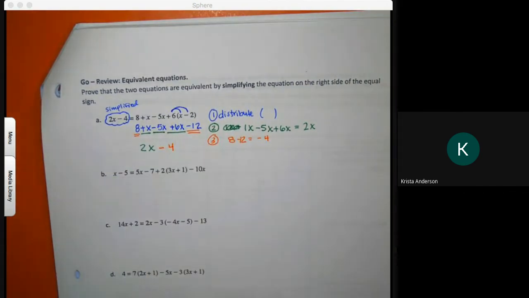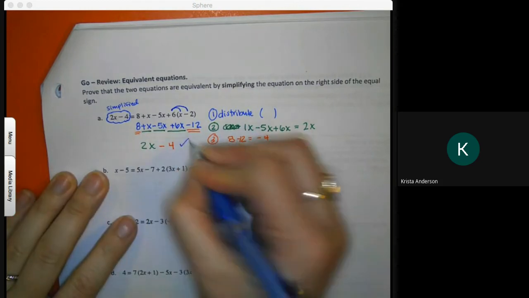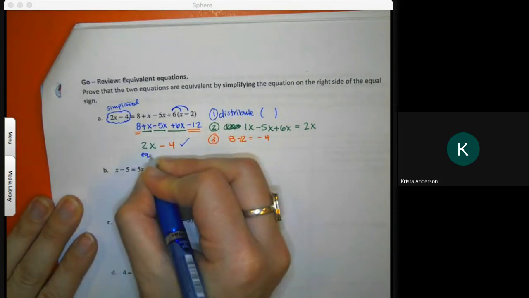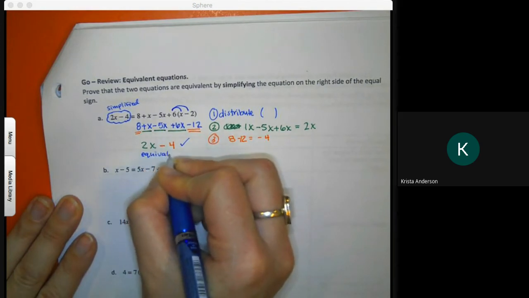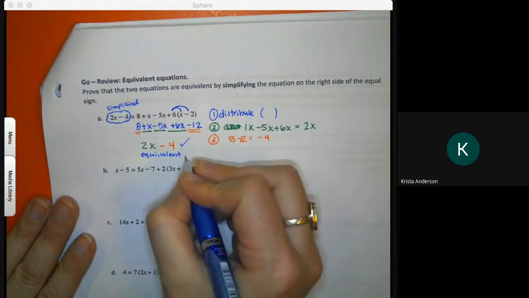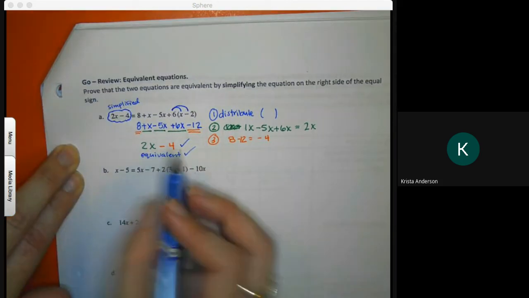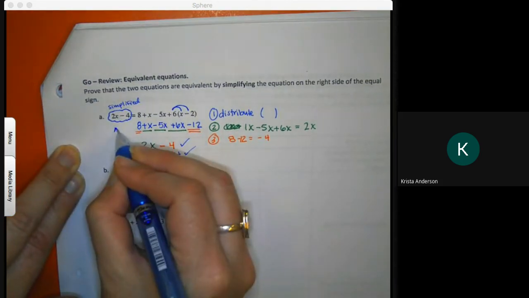Does it match the original left side? Yes, it matches. They are equivalent. They work. They match. This matches my original.